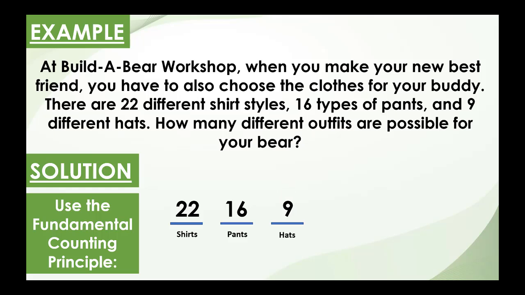According to the fundamental counting principle, we multiply these together. And when we multiply 22 times 16 times 9, we get 3,168 outfits. That's how many different outfits we could put together for our new stuffed animal.